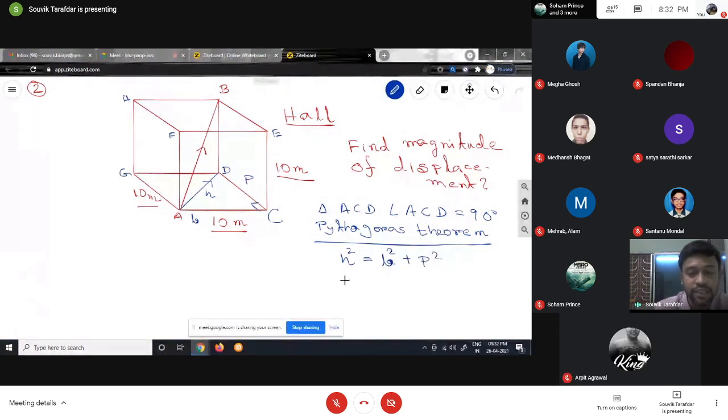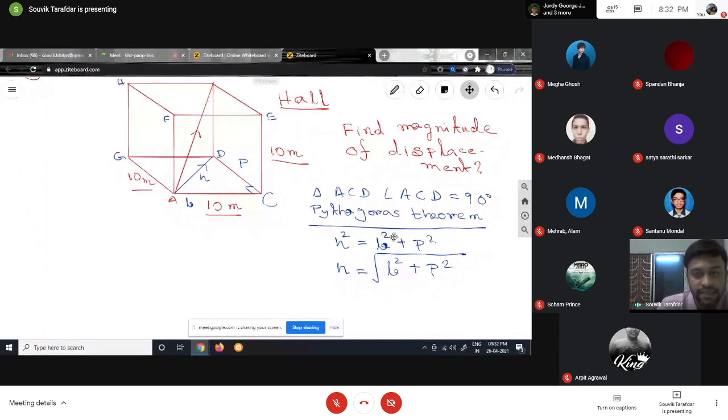It means hypotenuse is equal to root over base square plus perpendicular square. Correct? So if I want to find AD, AD is the hypotenuse, so AD will be equal to root over AC square plus CD square, correct?